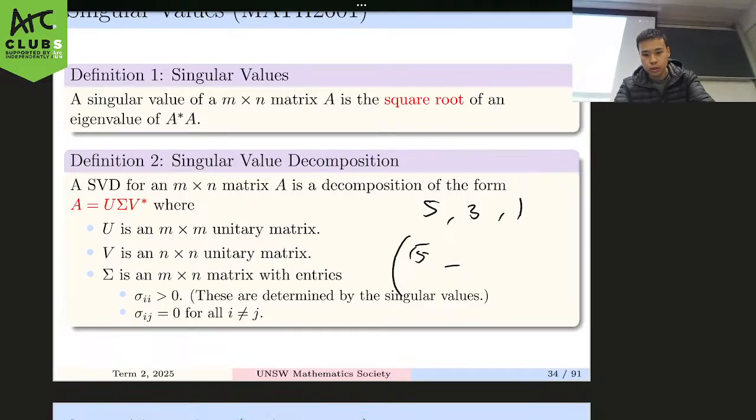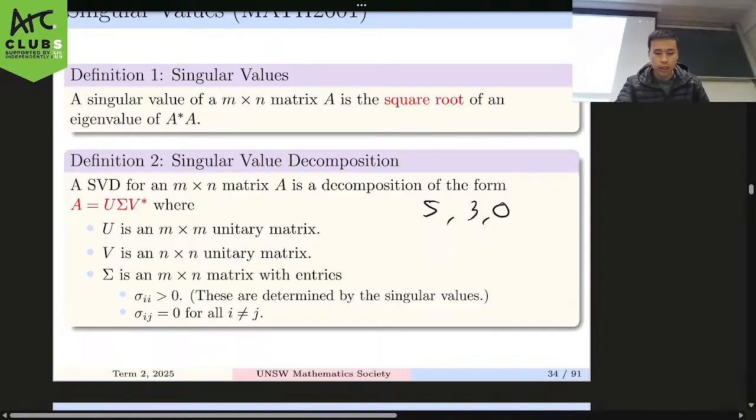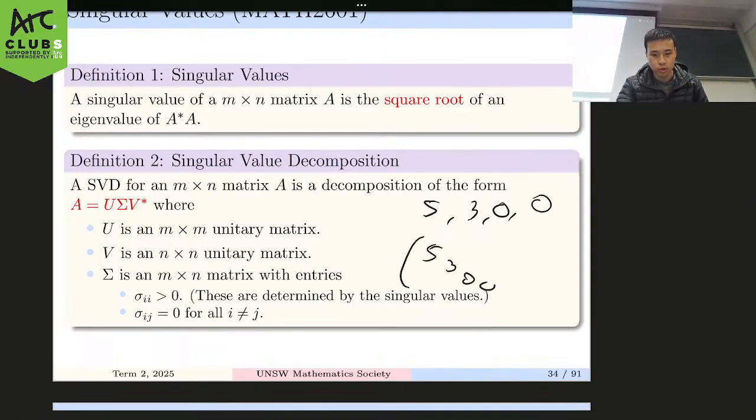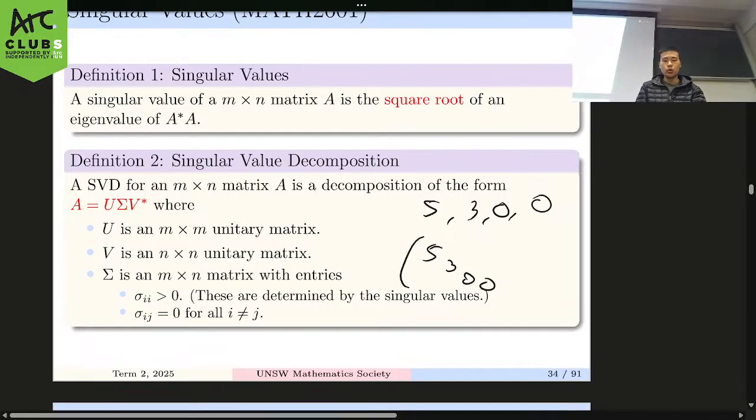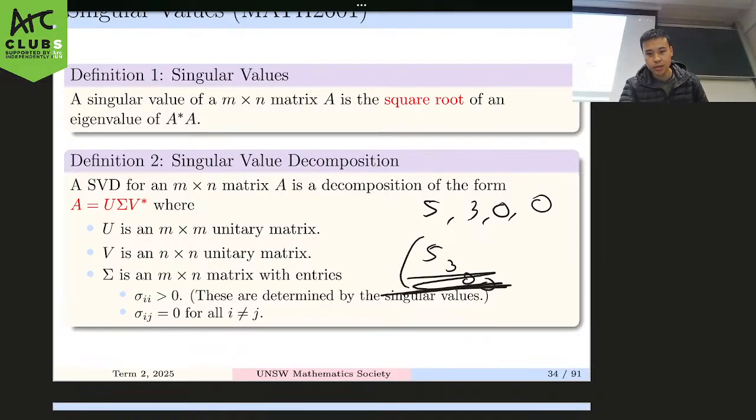Oh no, it's meant to be, say, 0. Maybe say it's a double. It wouldn't just be 5, 3, and 0, 0. These basically won't matter. When that happens, you basically get rid of the zero eigenvalue rows.